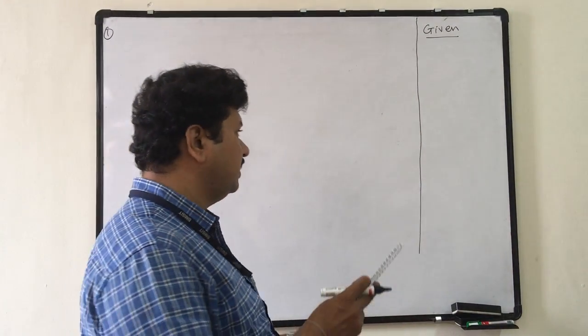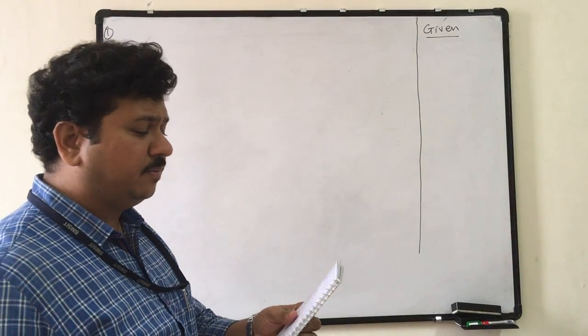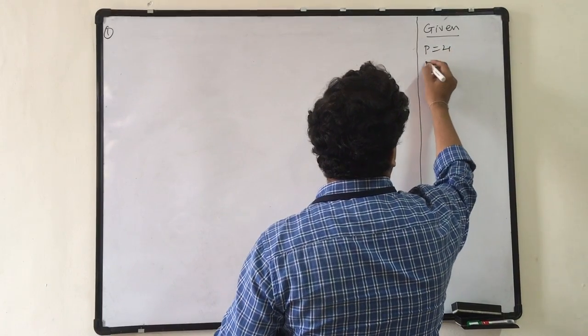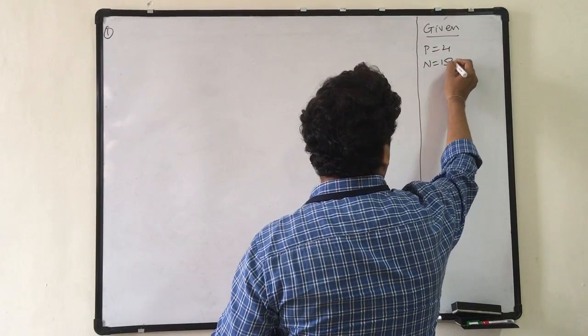First we'll write the given things. A 4-pole 1500 RPM DC generator, so number of poles is equal to 4. Speed is 1500 RPM.